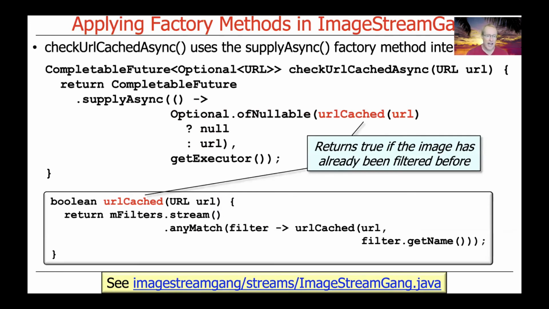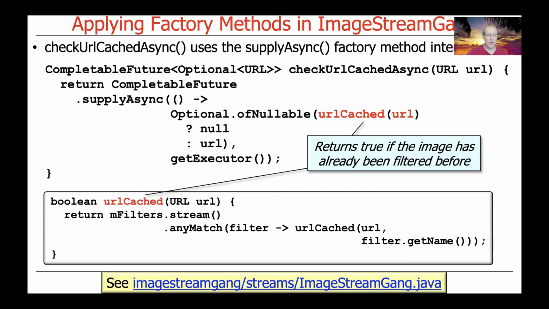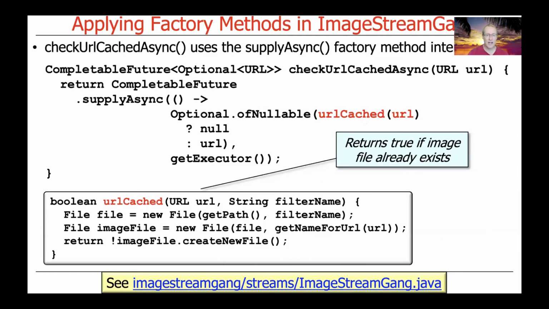So URL cached, you can see here, is just a very simple helper method that you can look at from the ImageStreamGang base class or superclass. And what it'll do is return true if the image has already been downloaded and filtered before. And URL cached calls this other URL cache method that checks to see if an image file already exists. That's really actually the same as what we did with the parallel streams implementation earlier.